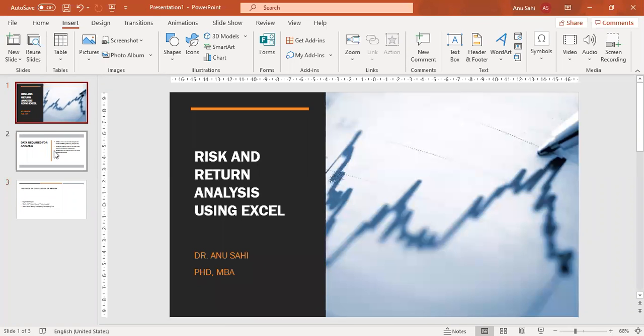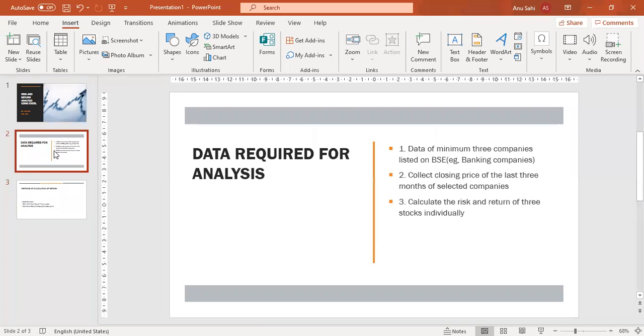For calculation of risk and return analysis using Excel, we can actually calculate return for a single stock as well. But if you want to go for risk and return analysis, we need at least a minimum of 3 companies' data which are listed on BSE or NSE.